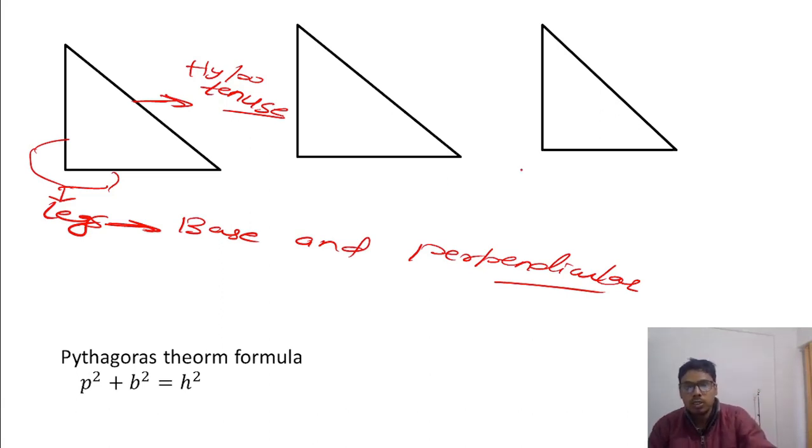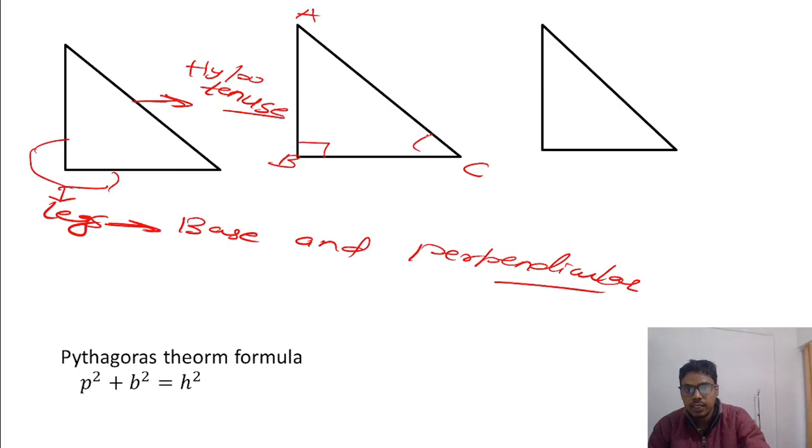Suppose it is a right angle triangle ABC where B is the right angle. Now, first decide which angle you want to see the right angle triangle with respect to.